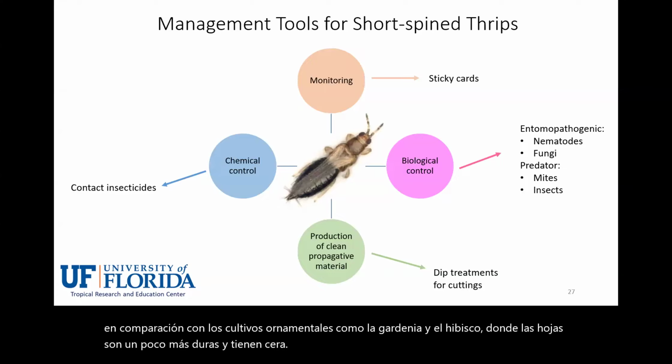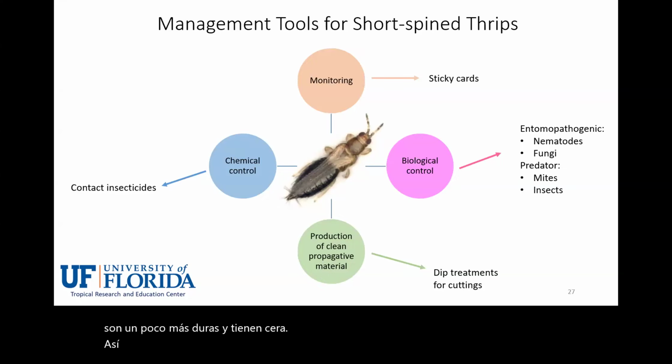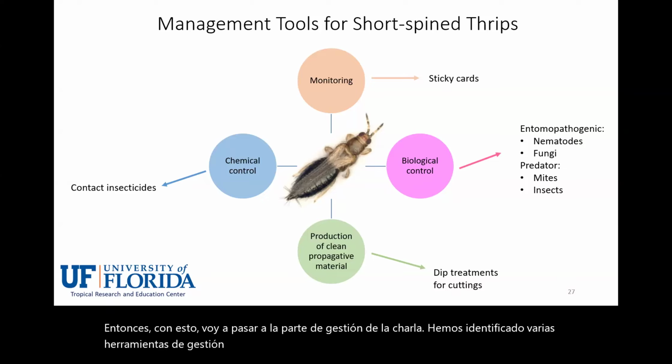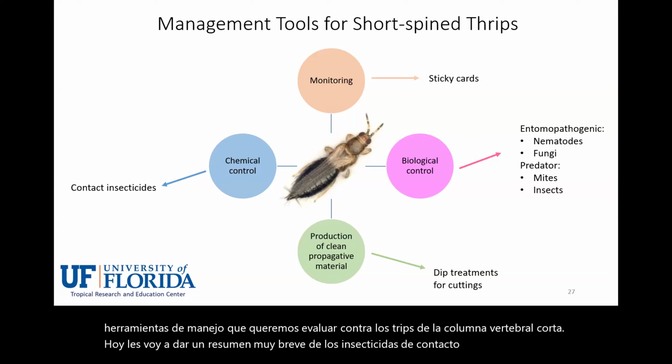So with this, I'm going to move towards the management portion of the talk. We have identified several management tools that we want to assess against the short spine thrips. Today, I'm going to give you a very short recap of the contact insecticides and the dip treatments for cuttings.